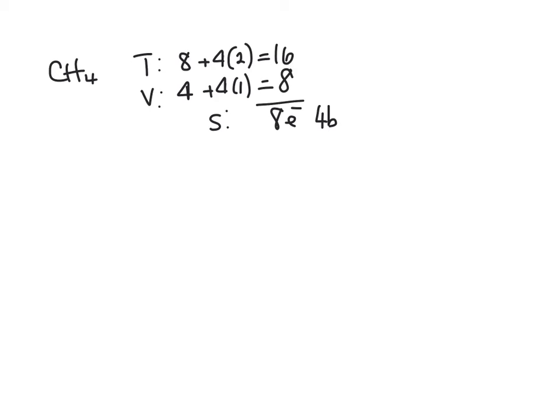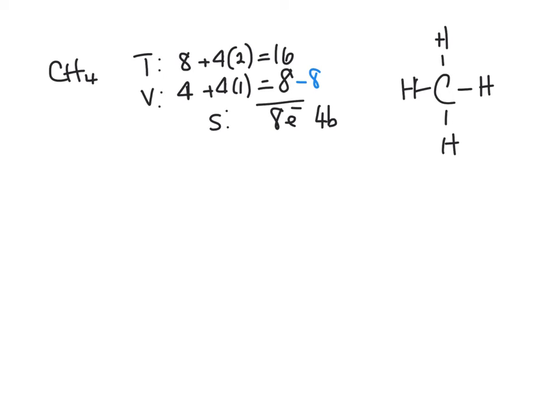Carbon has a combining capacity of 4, hydrogen 1, so carbon is in the middle. Place your bonds and your hydrogens. So we have used up 8 electrons in our bonds.